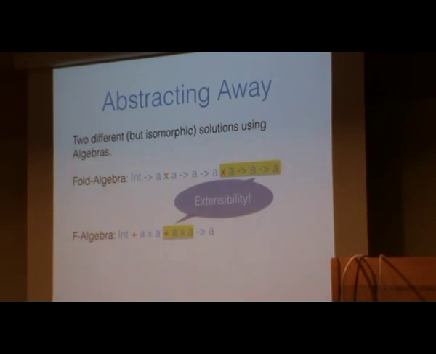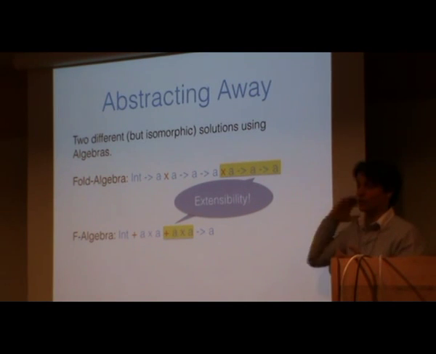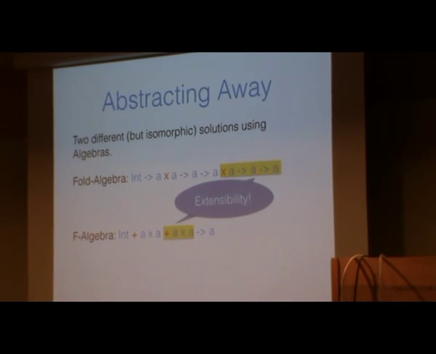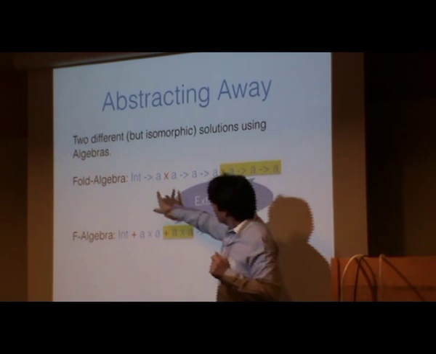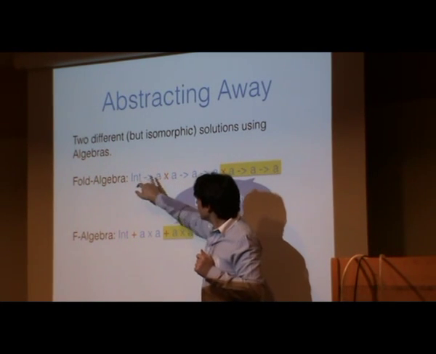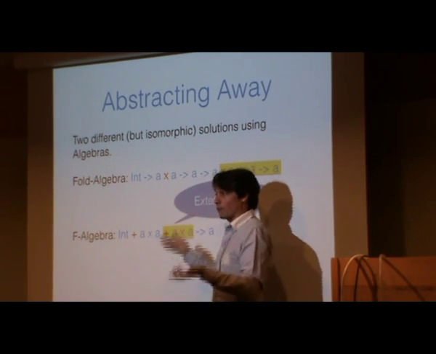So I showed you 3 solutions. Let's try to abstract away a little bit. Actually, 2 of the solutions essentially use fold algebras. Okay, so this variant of algebras, like the folds that you have. And these fold algebras are essentially products of functions, which you can think of as records.